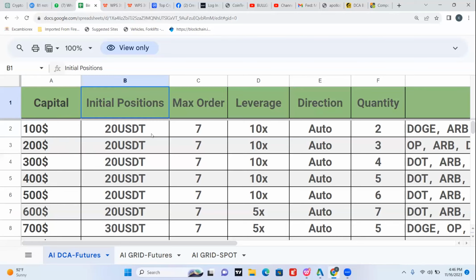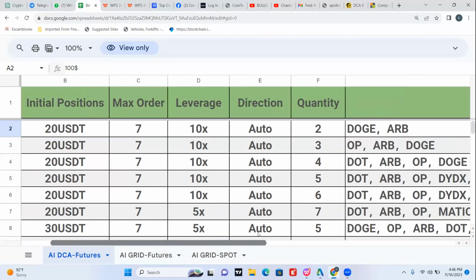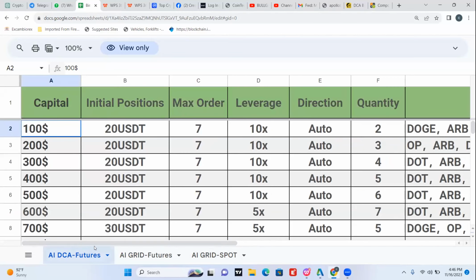So for $100, your initial position is 20 USDT, okay? Max order is 7, then your leverage is 10x, all right? So your direction is auto, and the quantity is just 2, all right? The quantity is 2, so it's all in, it's all there, right?